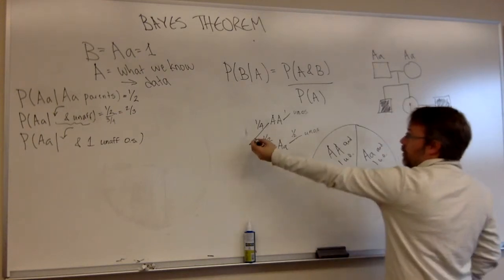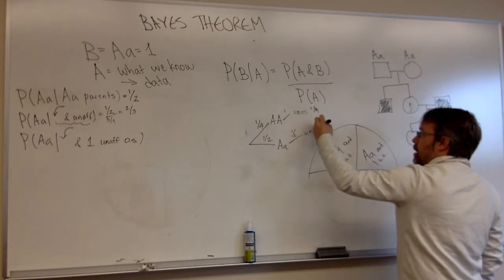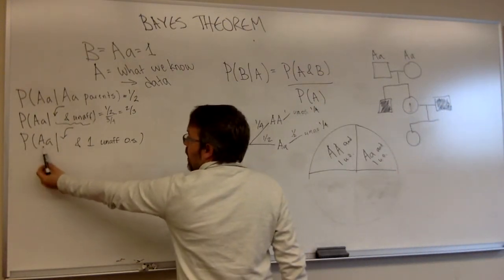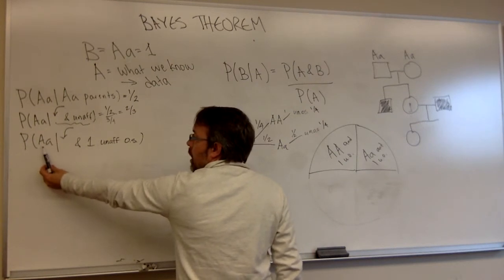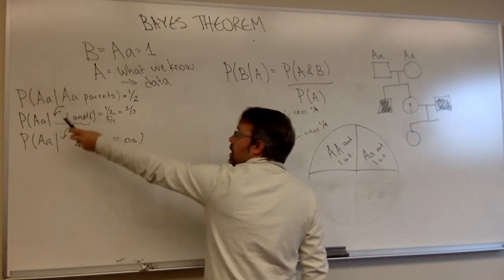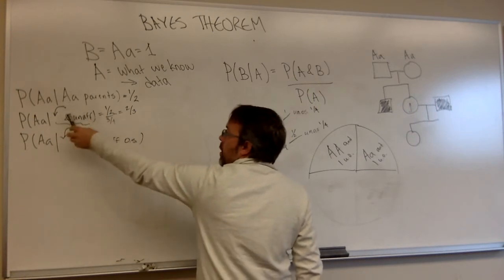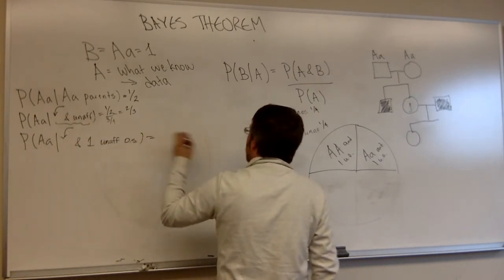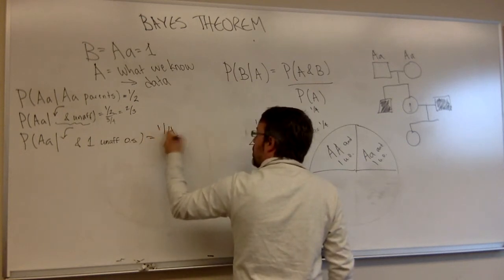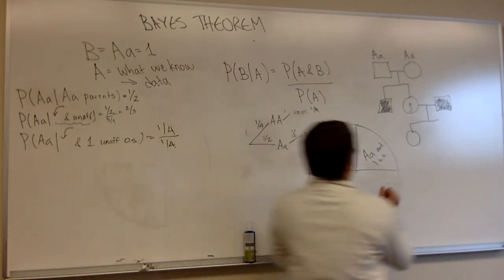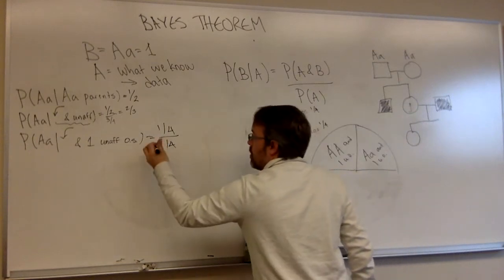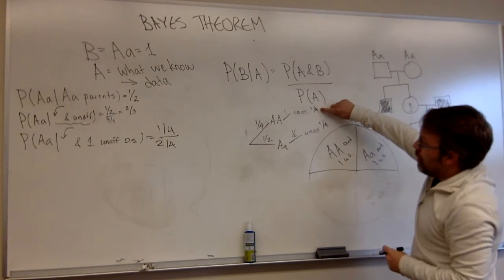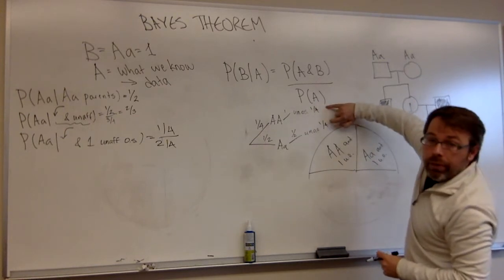And so what we're left with, so this is 1/4, this is 1/4, and we get the probability that number one is big A, little a, given that individual one has big A, little a parents, and is unaffected, and has one unaffected offspring, is equal to 1/4 divided by 2/4.